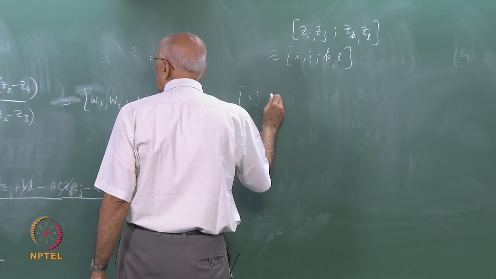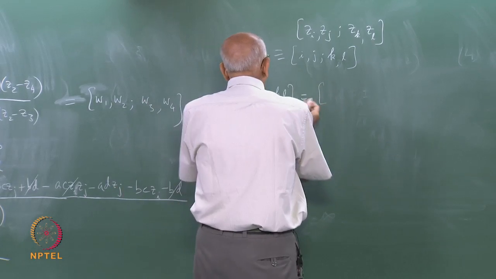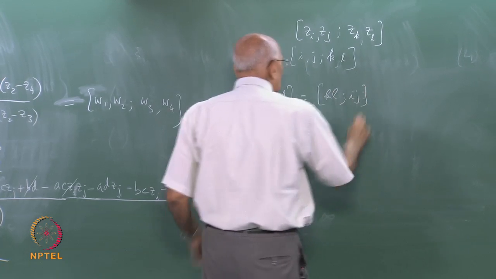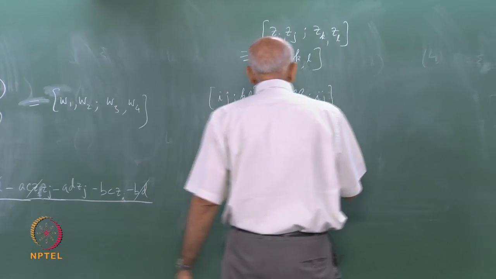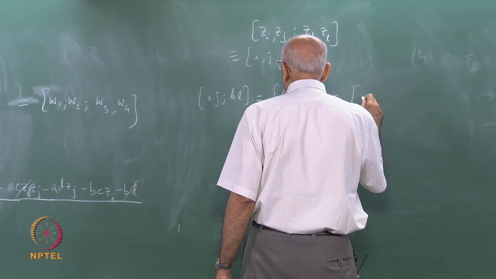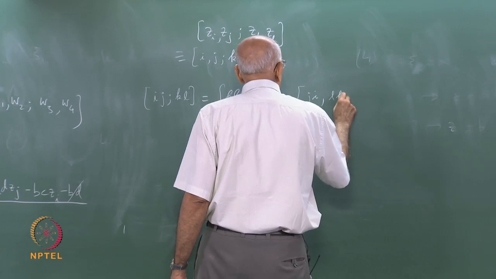Then the following symmetry properties are immediately established. (ijkl) is equal to, if you flip these two, (klij), it does not change at all. It is also equal to (jilk).